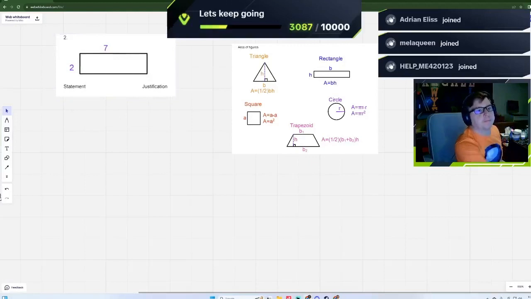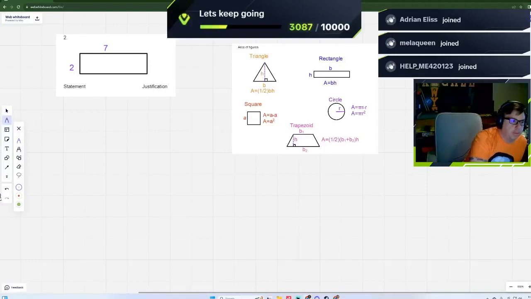Okay, all right. So this time we need to match up our shape with our shape. Okay. So for this problem, we need the area of the rectangle, which is base times height.